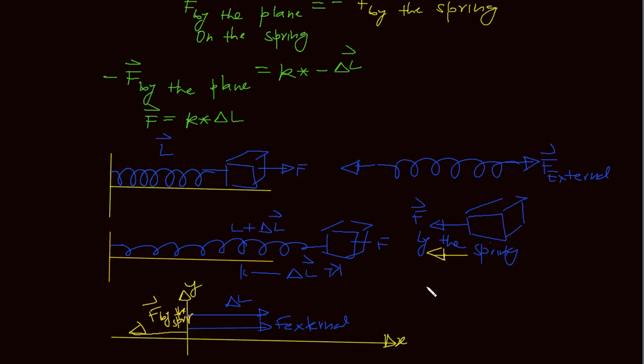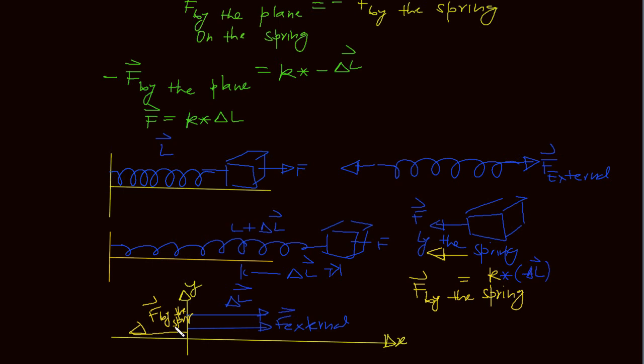So now you see here that F by the spring is equal to K multiplied with minus delta L. Why? Because delta L is in this direction and force by the spring is in the opposite direction.